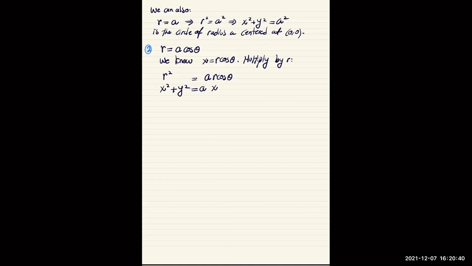And again, we know that if there was an r in front, then that would be x. So you multiply this equation by r, you get r squared equal to a r cosine theta. R squared is x squared plus y squared, and this is just a times x.